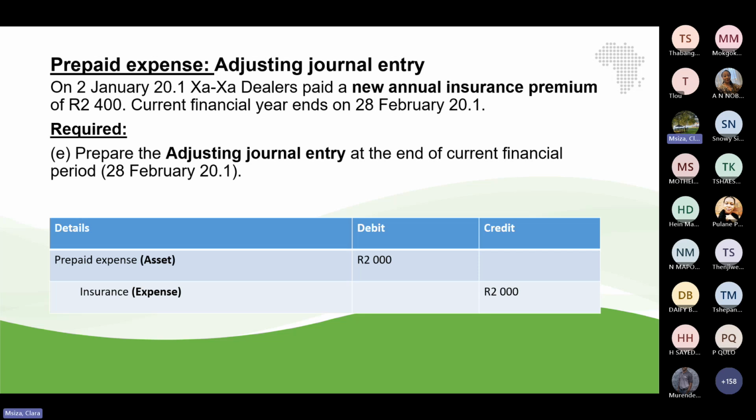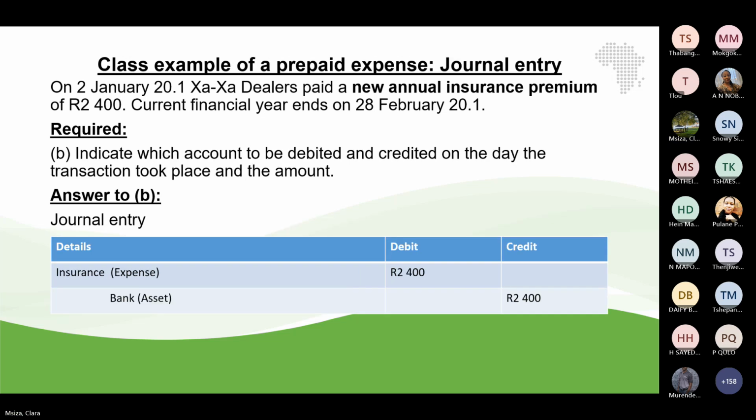Remember, we are adjusting this journal because this does not relate to the current financial year, all of it. So we need to separate the amounts. And then we're not going to touch our bank because the money is already in our bank. However, insurance expense does not relate to the whole financial period.